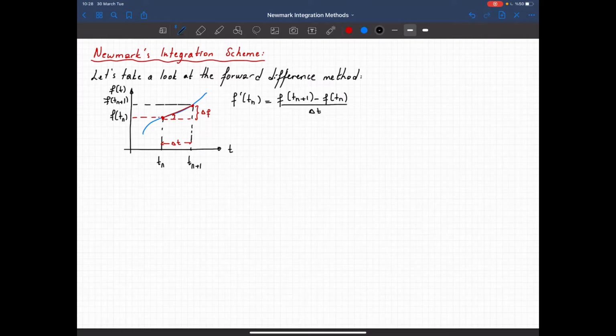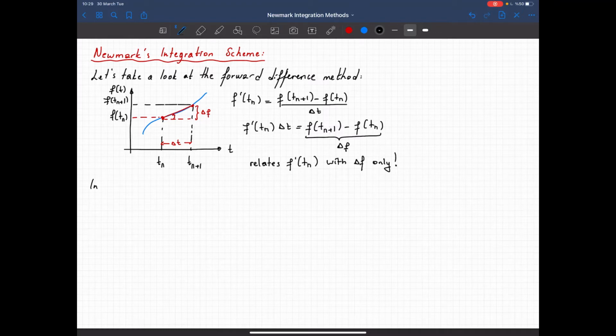I can rewrite that equation as follows: f prime of Tn multiplied by delta t is equal to f Tn plus 1 minus f Tn. Remember that this is delta f, so this equation relates f prime of Tn with delta f only, okay?